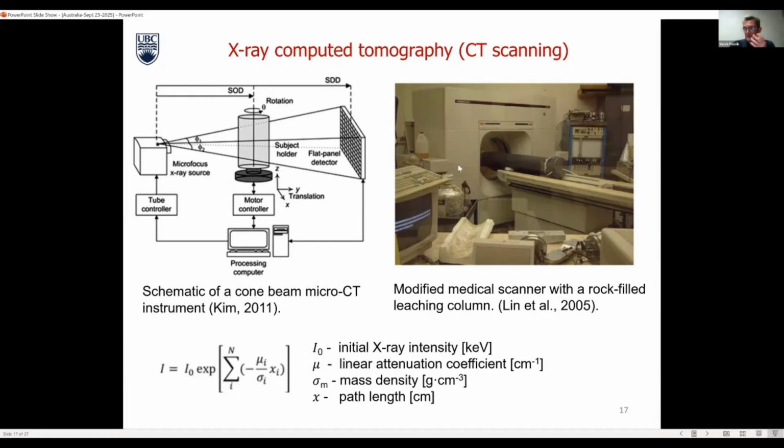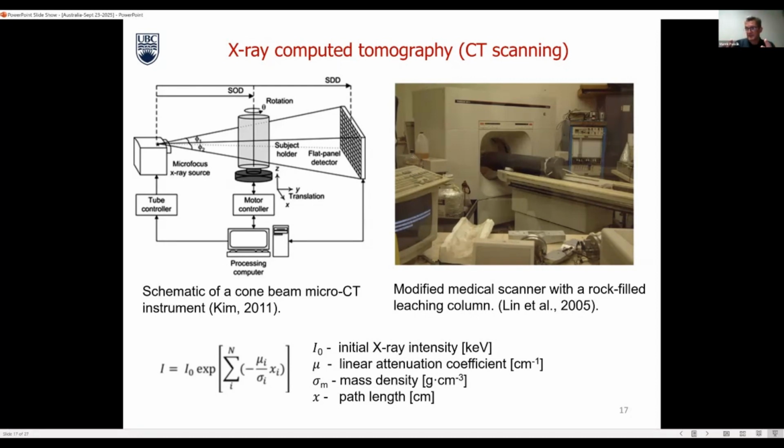But in terms of principles of the measurement, you have basically two ways of taking CT data. In a medical scanner, the sample, the column of rocks here, is stationary, and there is an array of detectors around it. So the sample can be scanned from all these different directions, or irradiated in a sense.